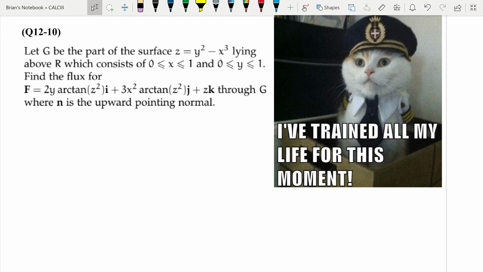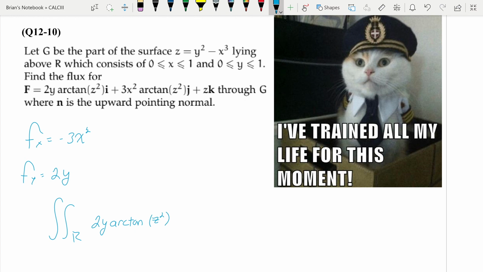All right, let's see how you guys did. So we find our f of x. You would have gotten 3x minus 3x squared. F of y turns into 2y. So if we plug all that into our equation, we'll have a region. M is 2y arctan of z squared, and we multiply that by negative 3x squared.